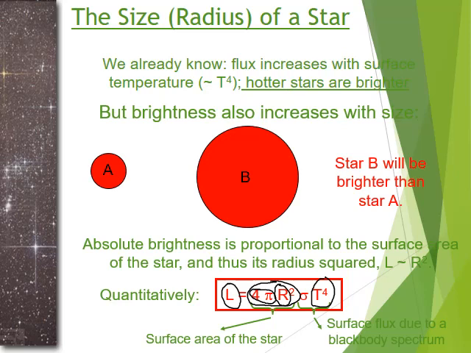Certainly the luminosity, the brightness of a star, depends upon these two factors, the temperature and the surface area, because the larger star is going to have more area from which to produce energy. So it will be a more energetic star the larger that it is.